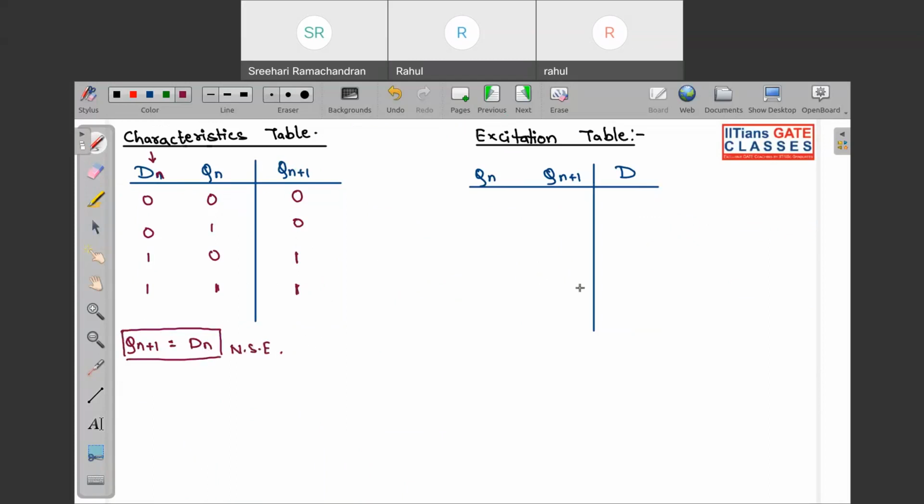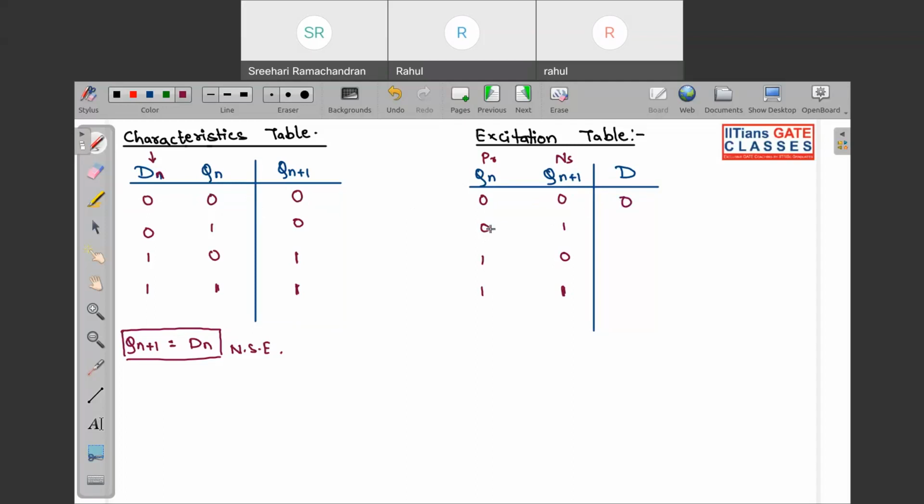of D flip-flop. Now if I want to write the excitation table, I have already told that the excitation table is the combination of present state and next state to get the input. So this is your present state, and this can be 0 0, 0 1, 1 0, 1 1. If qn is 0, qn plus 1 is 0, dn is 0.